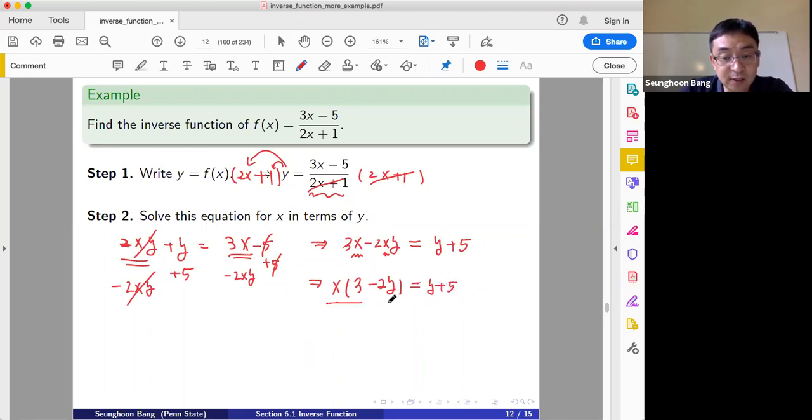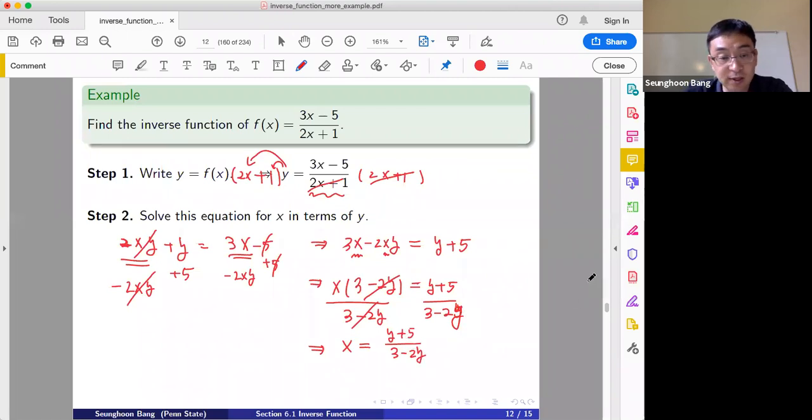The next, divide both sides by the coefficient of x, 3 minus 2y. So this is crossed out, x equals y plus 5 over 3 minus 2y. So like this.